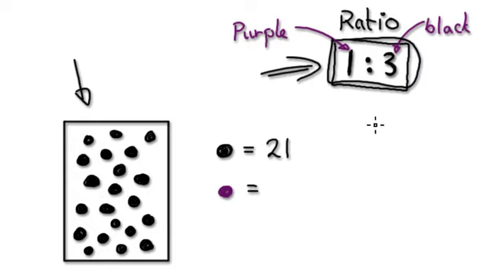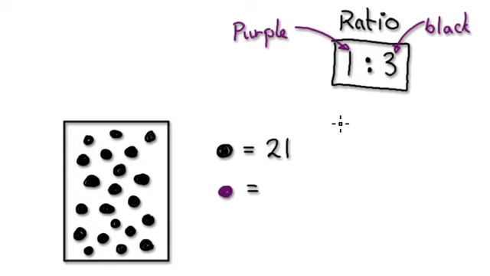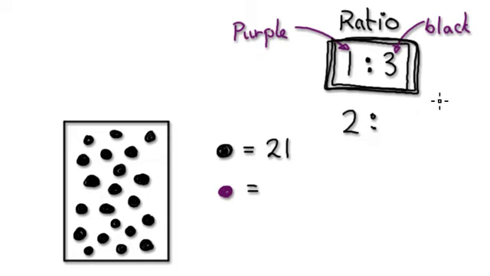If you think about it, you've got to develop your own way of doing this. Remember, you have to obey this ratio here, 1 to 3. So you can imagine that if you have 2 purple sweets, then you're going to have 6 black sweets. If you have 3 purple sweets, then you're going to have 9 black sweets.